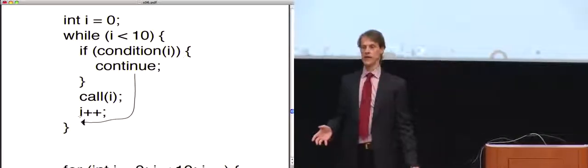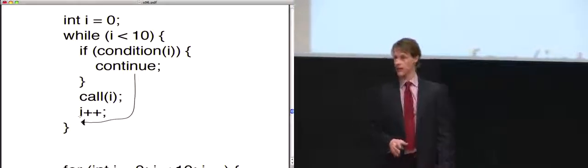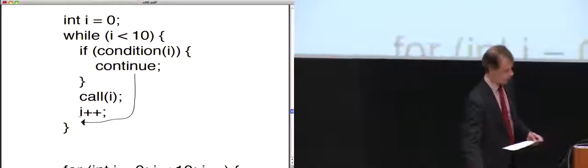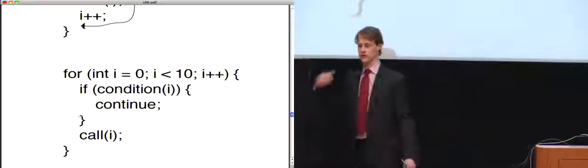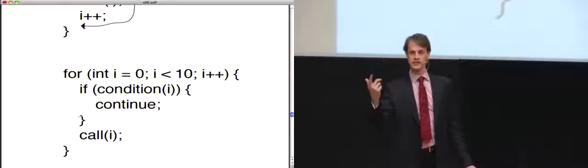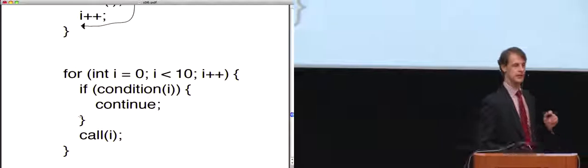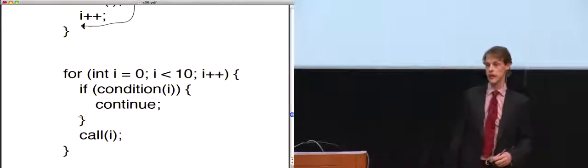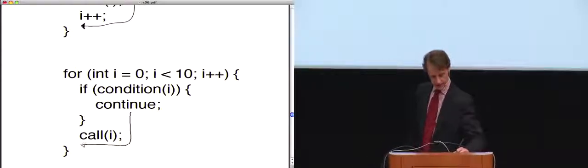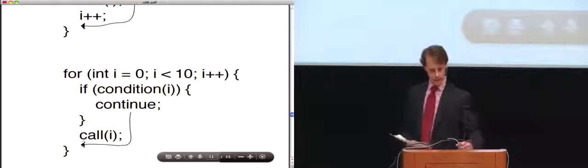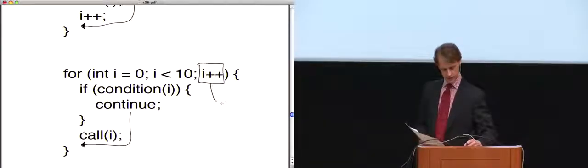I want to mention that I claimed in an earlier lecture that for loops can be automatically translated to while loops in a certain way, but that's not quite always true. If you believe what I told you, then this for loop is equivalent to the while loop right next to it on the page. But actually there is one slight difference that comes up when you have continue statements. In a for loop, the continue statement does jump to the end of the loop body, but when you reach the end of the loop body, the increment still executes.